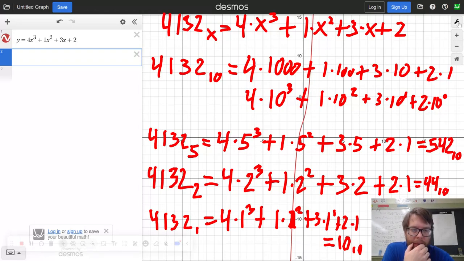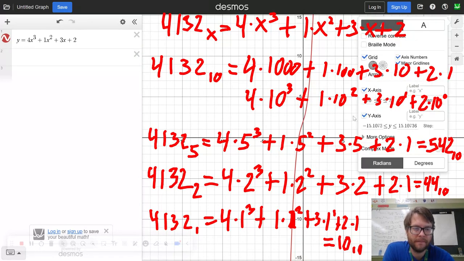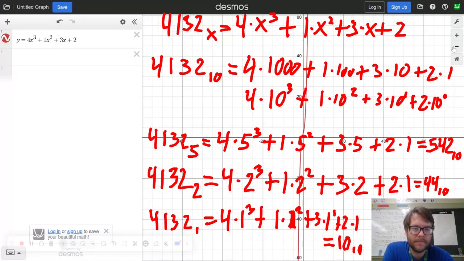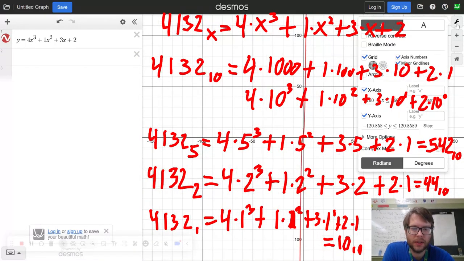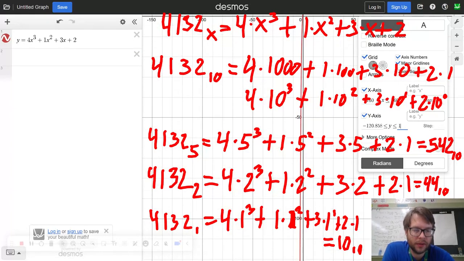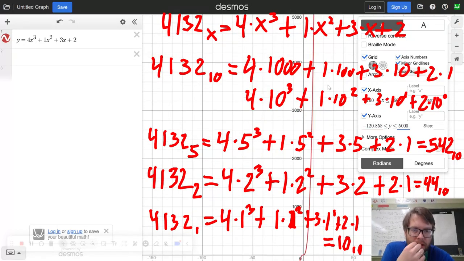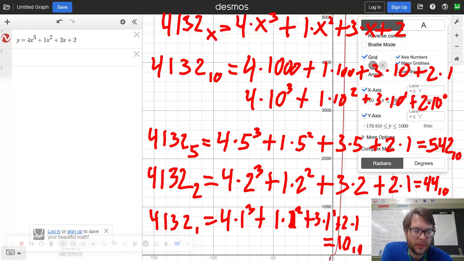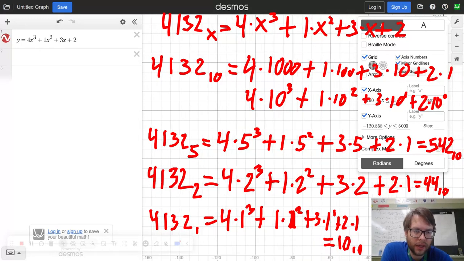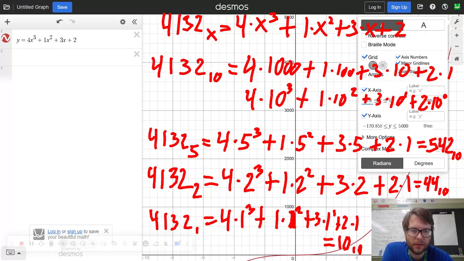So let's find a point where x is equal to 10. Let's see. I'm going to adjust my y values to go up to 5,000. There we go. And my x's are only going to go up to 10, 11. All right, this will make sense in just a second.